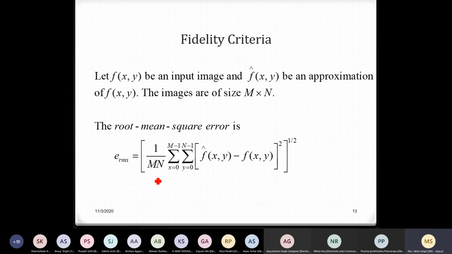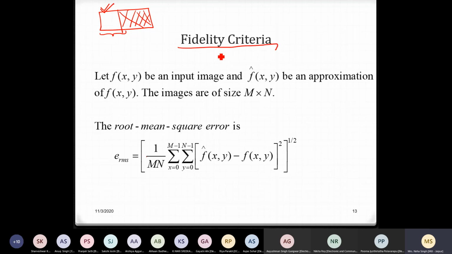But whenever we are using compression, we say that we have this much data, we remove a certain portion of data or we reduce this data, and we are using this much part of the data only, which gives us the most information. But it has to be mathematically defined how much part is okay to use. So for that we use fidelity criteria.